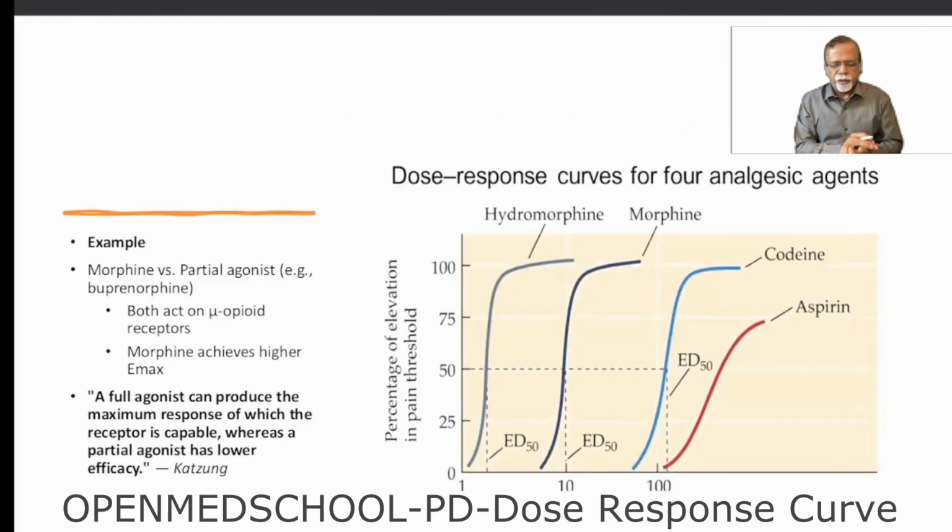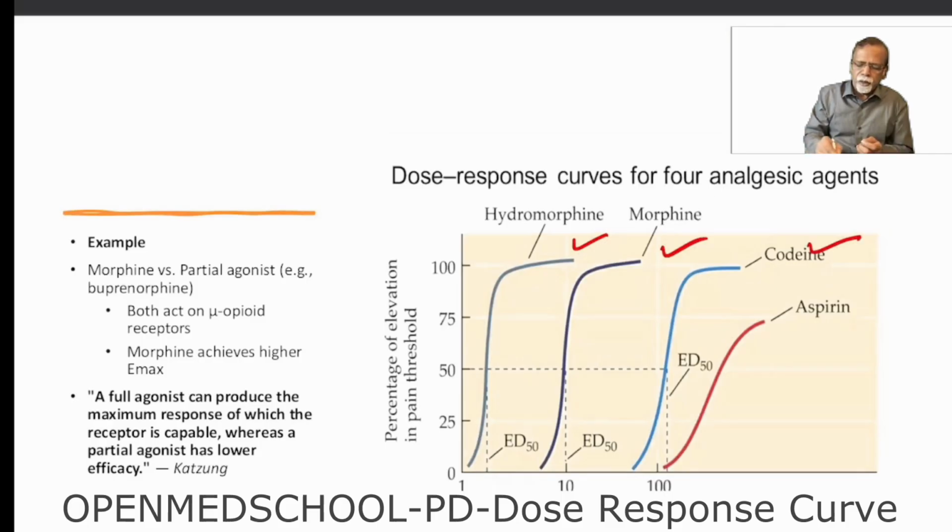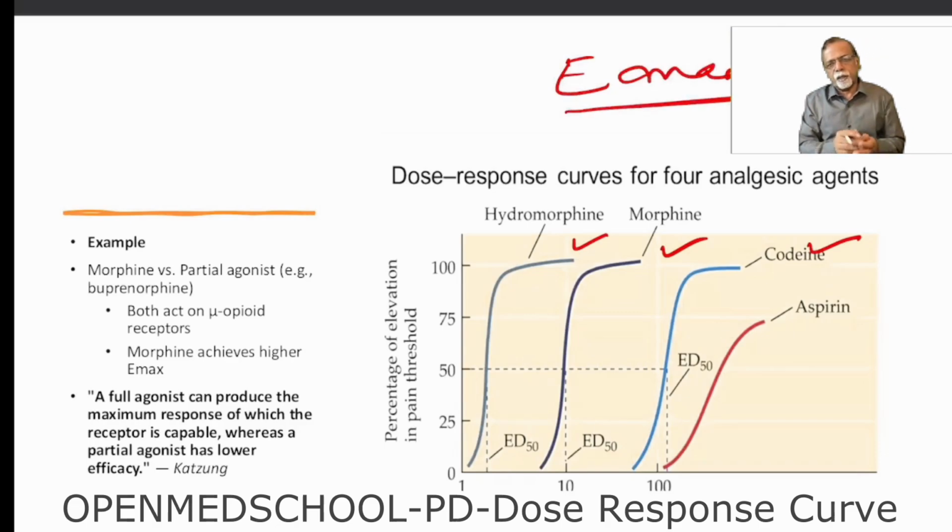Here again you can see there are three drugs, actually four drugs. Hydromorphone, morphine and codeine have the same Emax. So the maximum response is the same, so all the drugs have the same efficacy. Now look at the ED50. The ED50 for hydromorphone is lower than that of morphine.